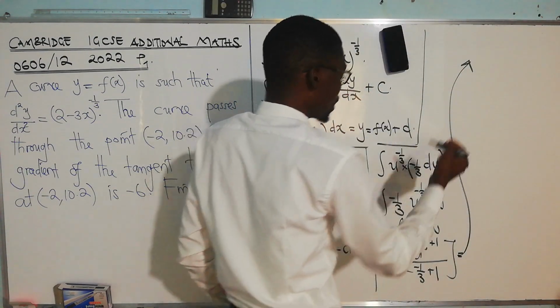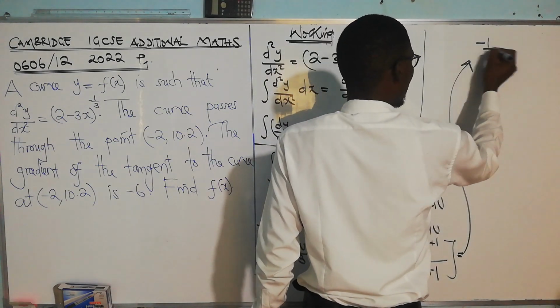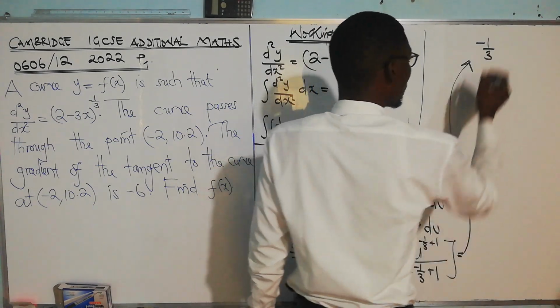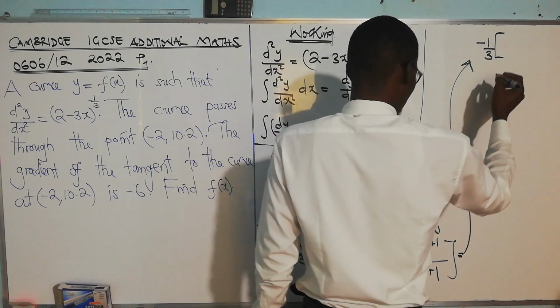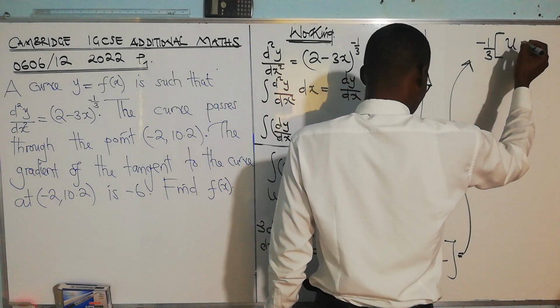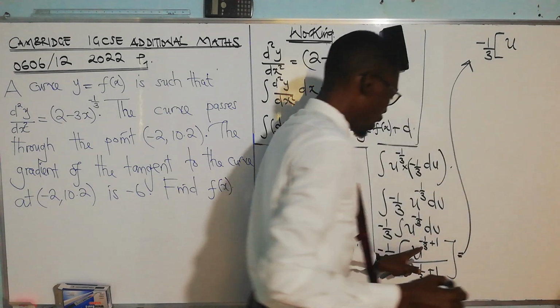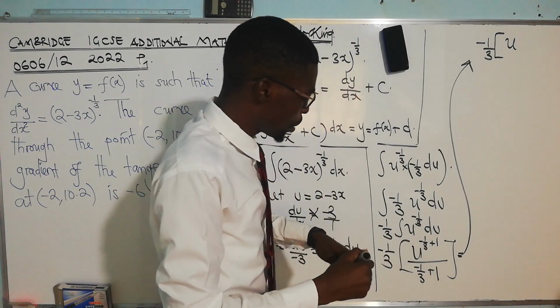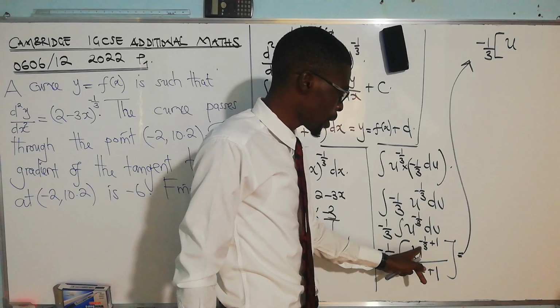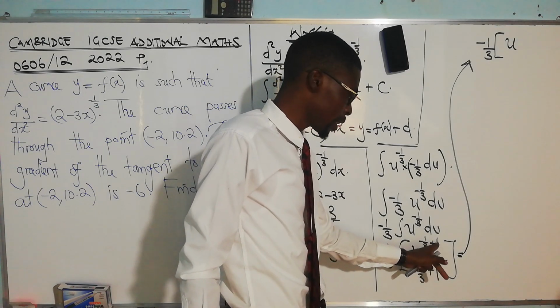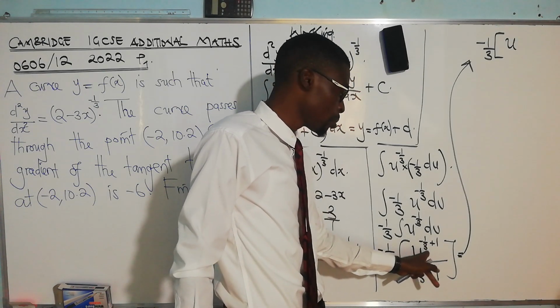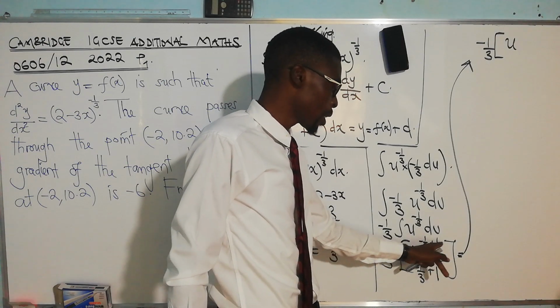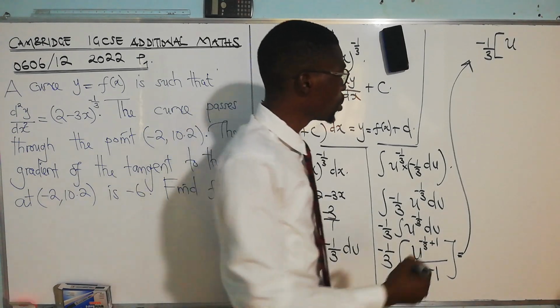So this will be negative 1 over 3, then you have u to the power. Now, what is negative 1 over 3 plus 1? Negative 1 over 3 plus 1 is the same as negative 1 over 3 plus 3 over 3, so that I have the same denominator. So negative 1 plus 3, you'll get positive 2 over 3.